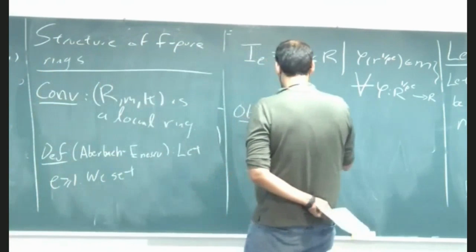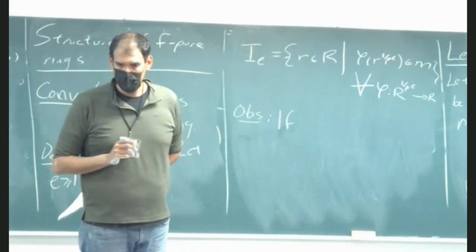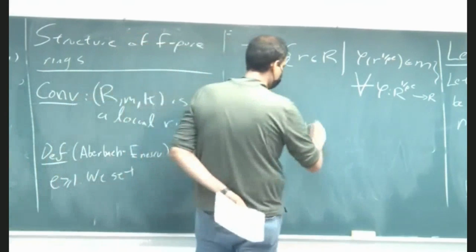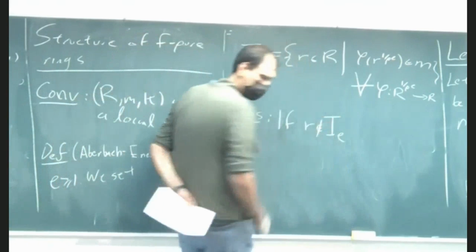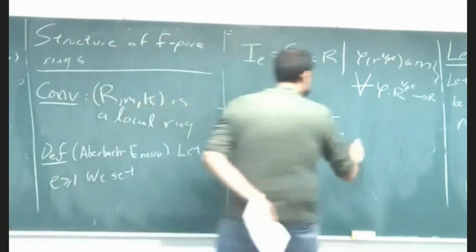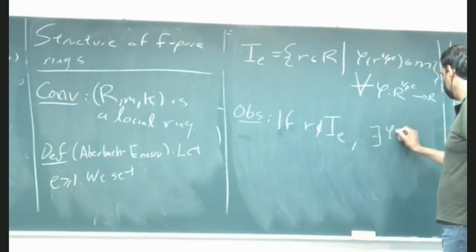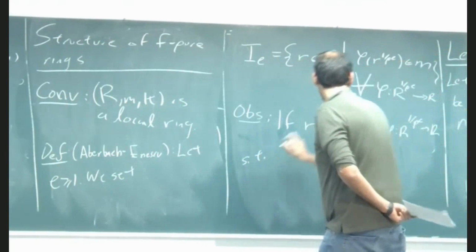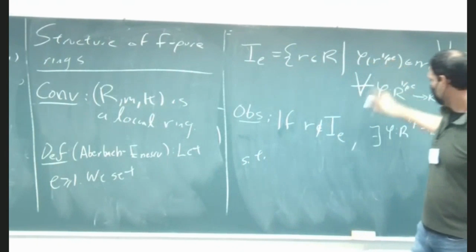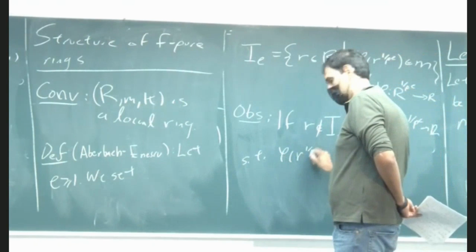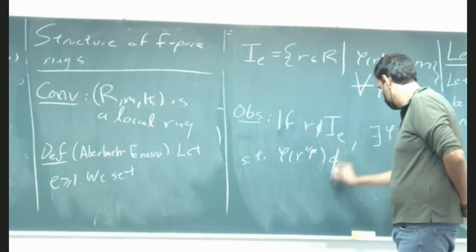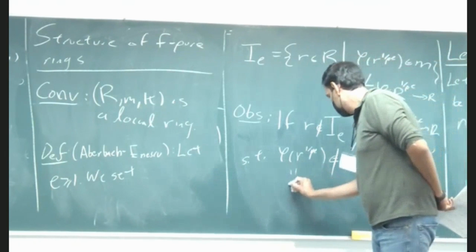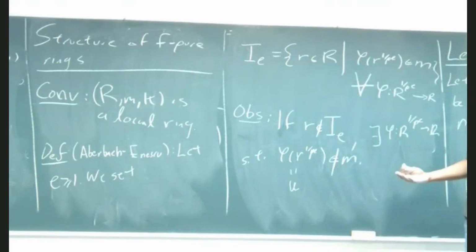Okay. Question? Okay. So if r is outside I sub E, what happens? Then, by definition, there exists a map phi from R^(1/p^e) to R such that phi of r^(1/p^e) is outside the maximal ideal. This is local, so this must be a unit u.